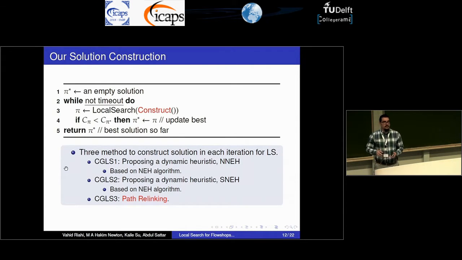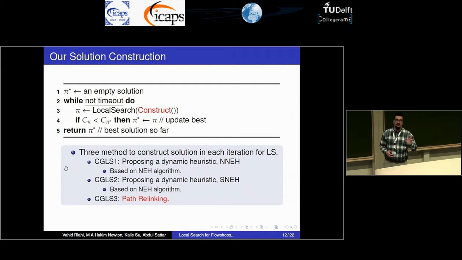In this paper, we propose 3 different construct methods, so we have 3 different CGLS, or constraint-guided local search, algorithms: CGLS 1, 2, 3. For the first 2, we propose 2 different dynamic heuristics based on the NEH algorithm.